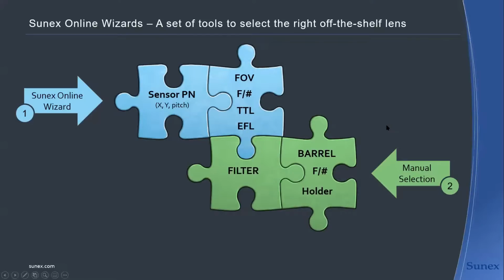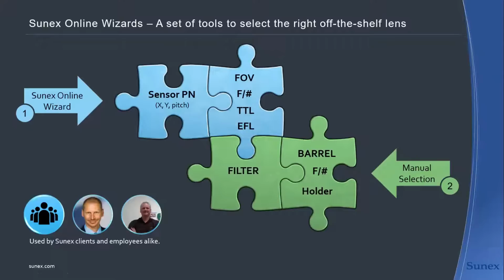And what I wanted to point out as well, so these are the tools that we at Sunex actually use internally. So whether I'm in a customer conversation or Ben will get asked some of those questions either live or by email, we go and use the same tools, and Sunex is making these exact same tools available to you. And the benefit is really, we're not just having 1 or 2 lenses, we have a lot.